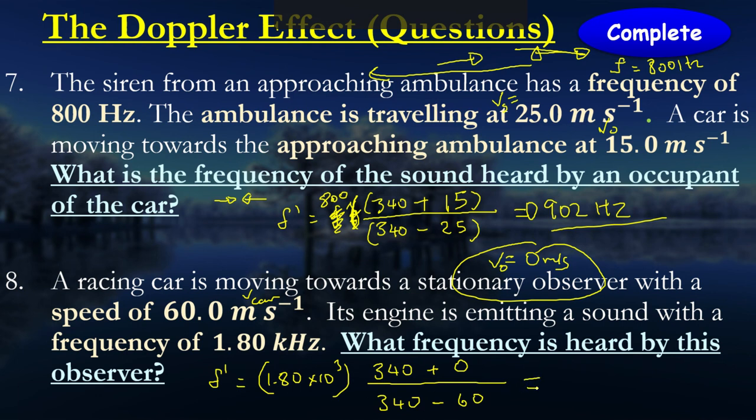If we substitute that into our calculator, we get 2190 Hertz, which again is consistent with what we're saying, because if this object is coming towards us, we should hear a far higher frequency than we did before. So that's what we get here.